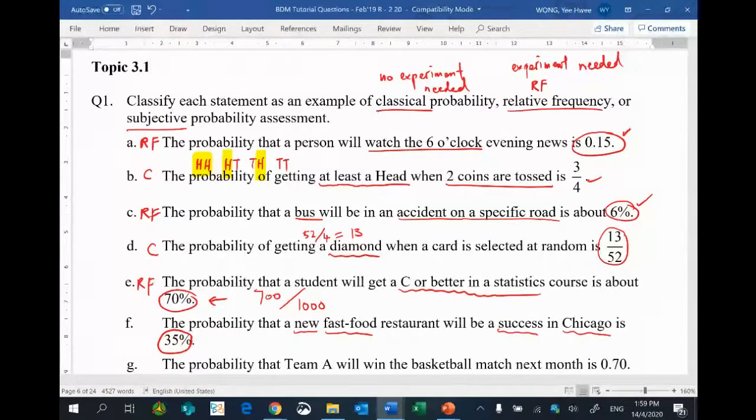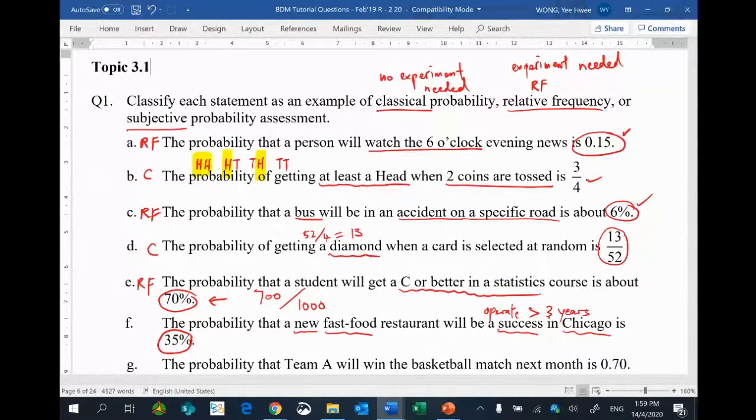And are you able to count how many of them are successful? Success, you have to define what is success to you when you do any research. Probably you say operate more than 3 years. That is considered success.